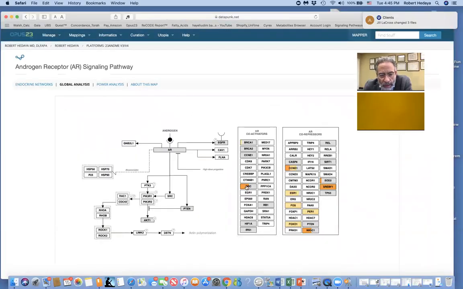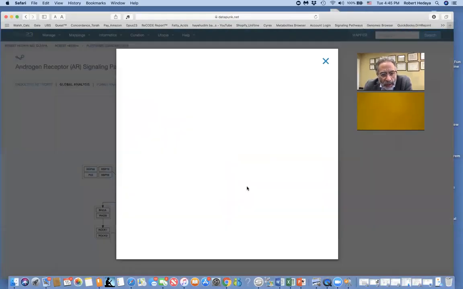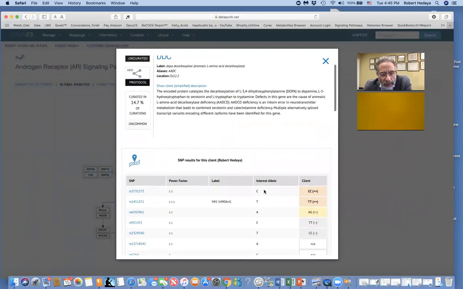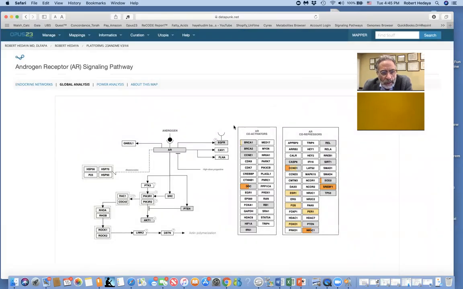I can click, for example, on this right here. And you can see that this person, in this gene, dopa decarboxylase, has several abnormal variant genes that are affecting the ability of this person to respond to dopamine, the neurotransmitter, which may be related to testosterone signaling.